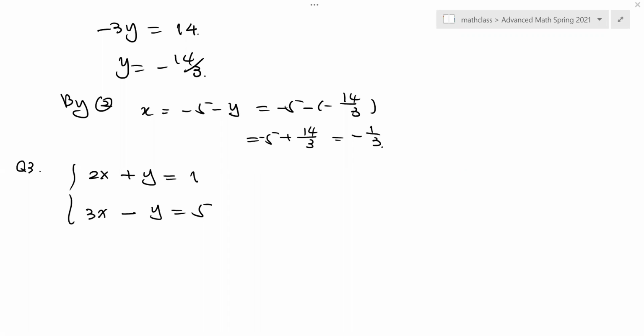Equation 1 is 2x plus y equals 1, right. You have to give me the answer like x equals some number, y equals some number. So Andrew has the answer. Just like what I did, you have to get the values for x and y which satisfy those two equations. You have two variables and two equations.